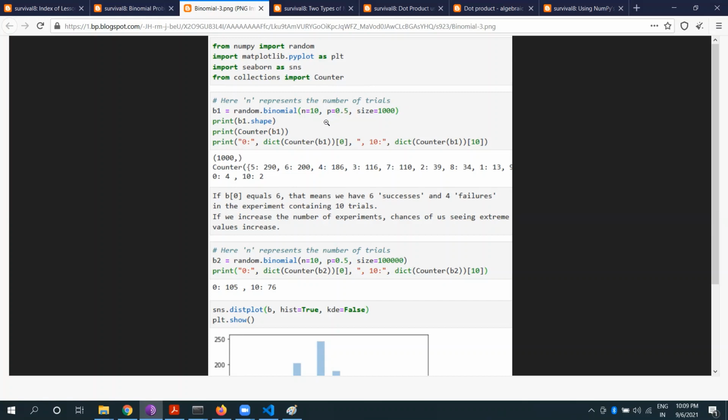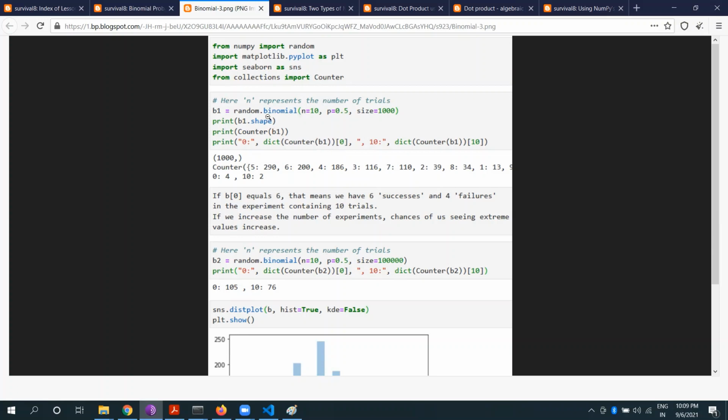Okay, size is the number of times you do the experiment. Number of trials is different from the number of times we do the experiment; number of trials is n.